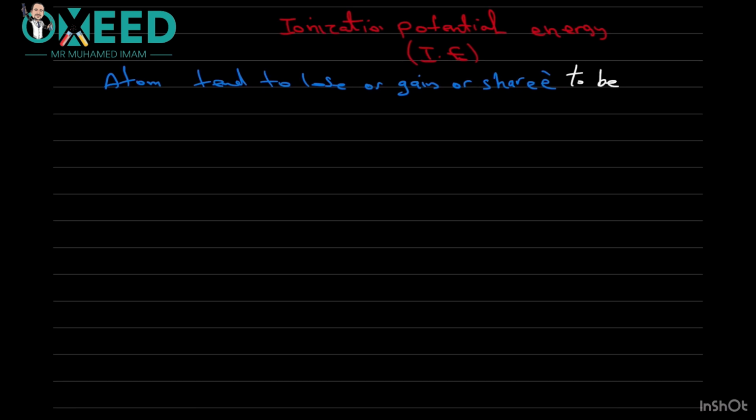To be more stable. So this is the deal. The atom must lose or gain or share electrons during the chemical reaction. The main reason behind this process is to be more stable. How to be more stable? To be more stable, it means that its outermost energy level will be completely filled with electrons. It must contain 8 electrons.